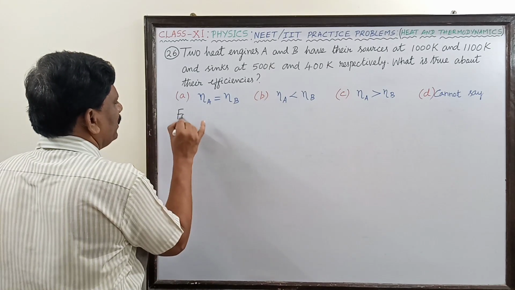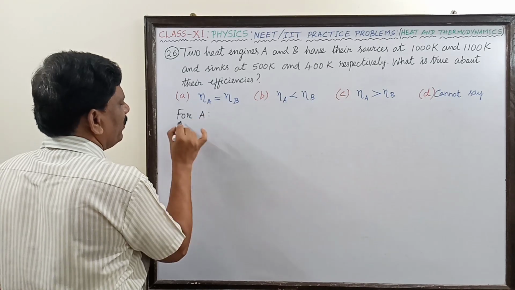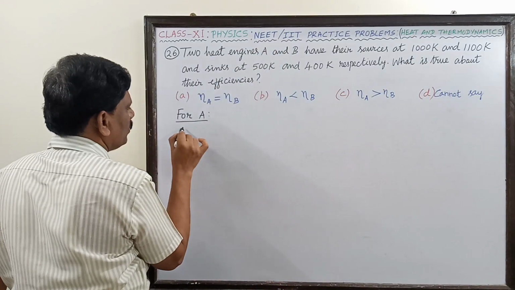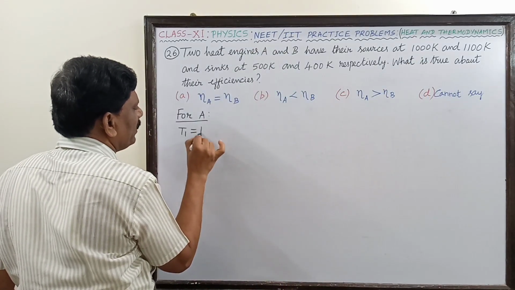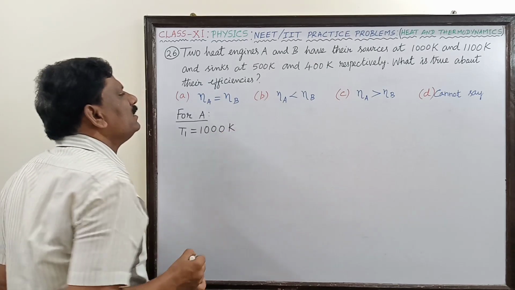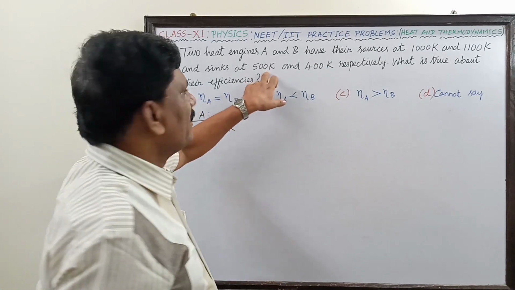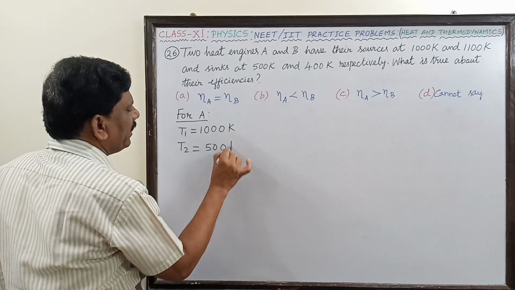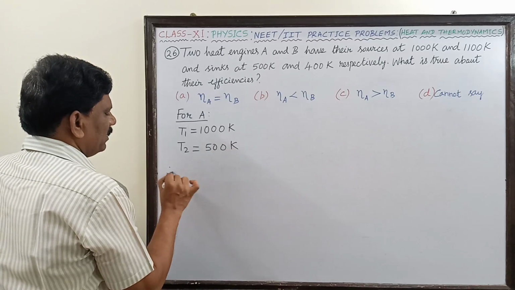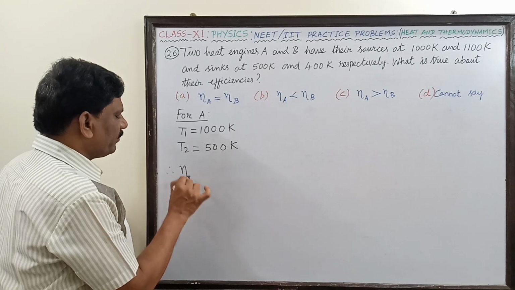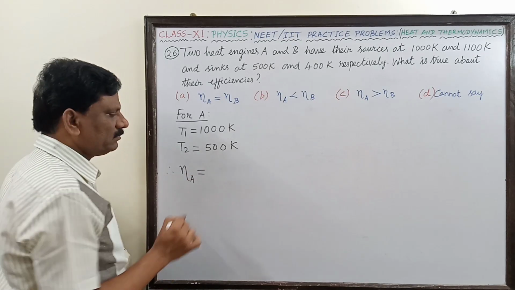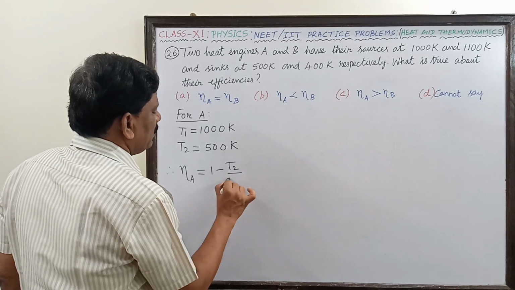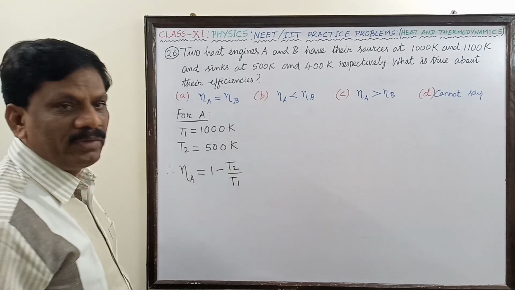So first for engine A. The source temperature T1 is equal to 1000 Kelvin and the sink temperature T2 is equal to 500 K. So the efficiency of the engine A, that is eta A, is equal to 1 minus T2 by T1.